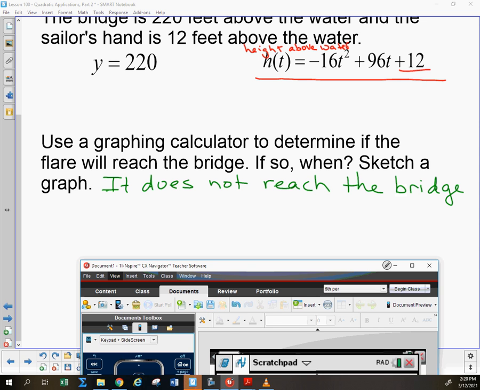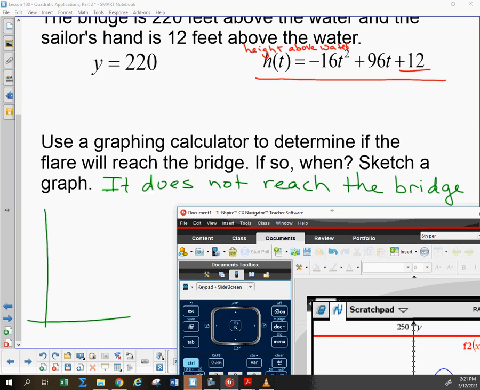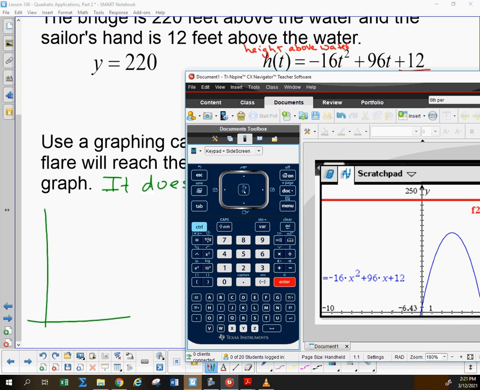And we are going to sketch our graph. So let's see what it looked like here. So remember, we know how high it started. It started at 12. So we are going to label that this is 0, 12 for that point.